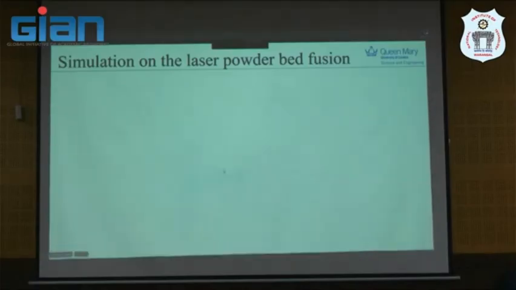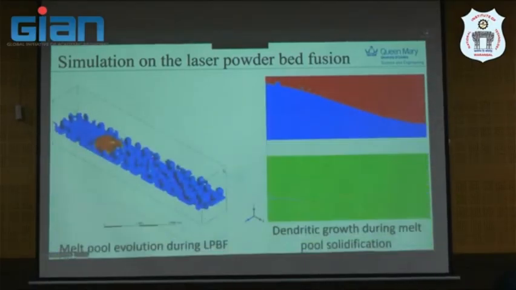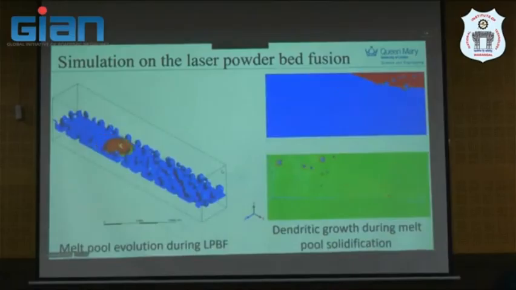And here is our simulation about the melt pool evolution during LPBF. We can investigate how the melt pool forms, and how it moves along the laser beam.